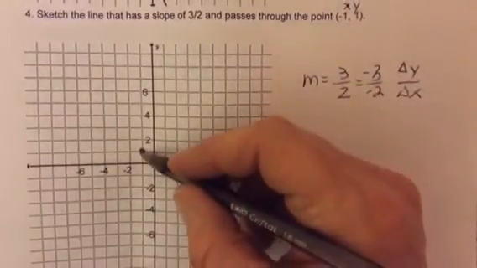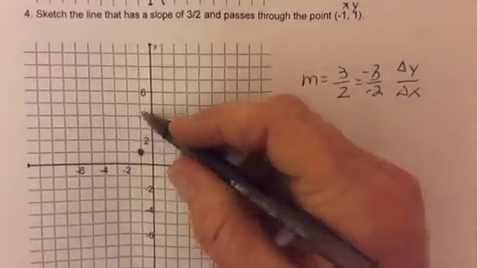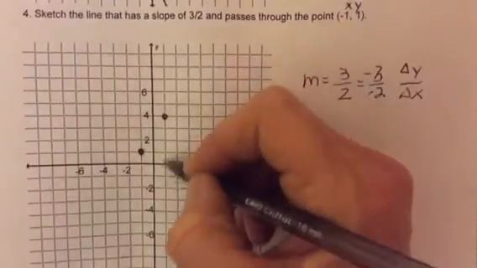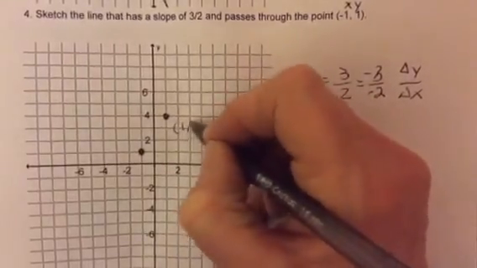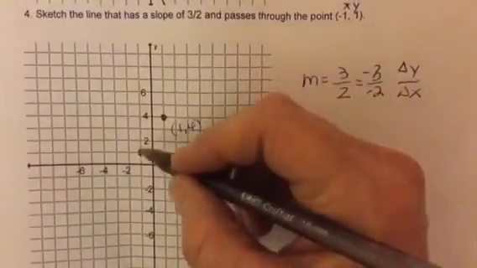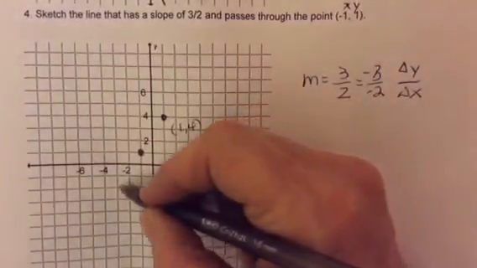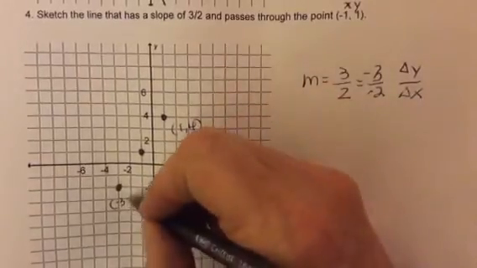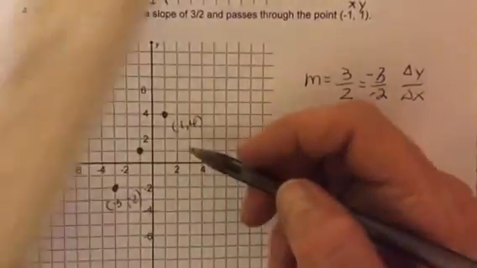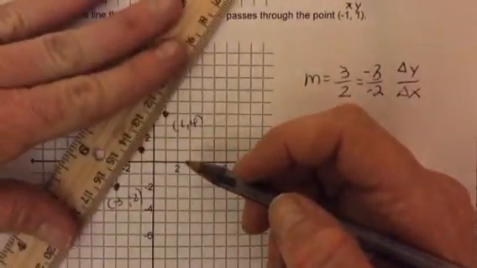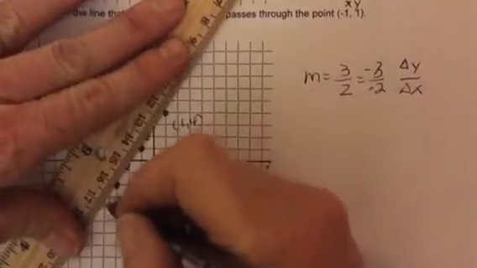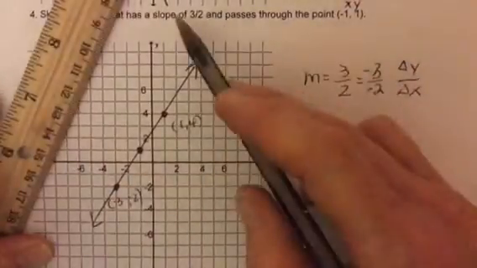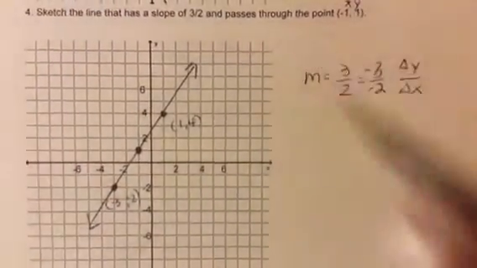If we go from this point and go up 3: 1, 2, 3, and right 2: 1, 2, we're going to be at our new point (1, 4). And then if we go down 3: 1, 2, 3, and left 2, we're going to be at our new point (-3, -2). If we connect those dots, there's our line, and it's a positive slope: positive.